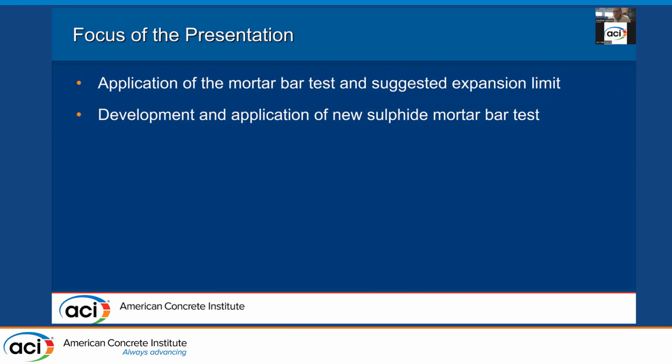The focus is on the applicability of that protocol, the third test, the mortar bar, on 22 aggregates from Ontario and the lessons that we learned from there. The second part of the presentation is to modify the test or come up with another test that can be used as a potential test for evaluating an aggregate and hopefully preventive measures, if we're going to go in this direction.